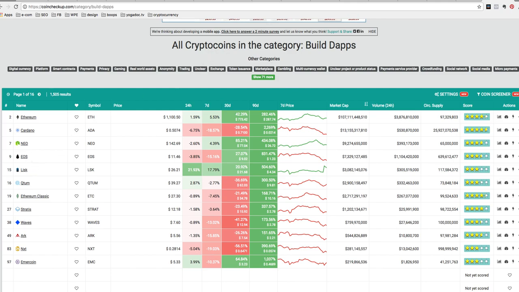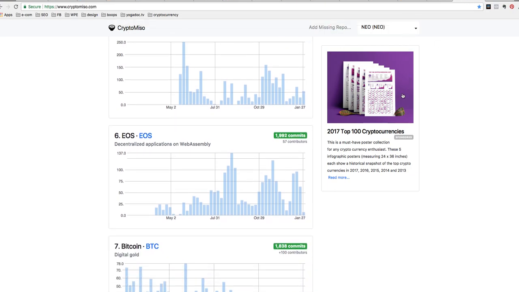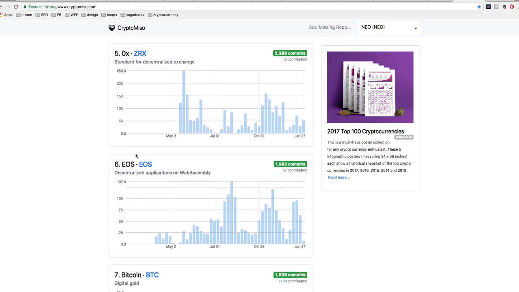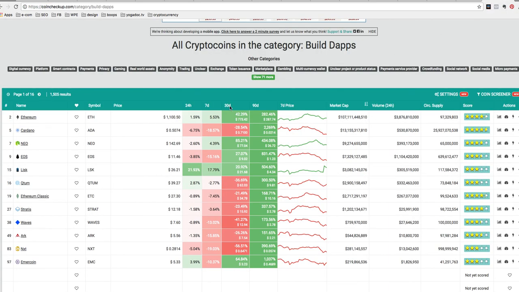If you'll recall, EOS was one of the top ranked coins as far as developer activity, with the code base being updated. So I'm going to add EOS to my radar and start following it, because I like the fact that it's getting a lot of developer attention. It's listed here on Coin Checkup as a decentralized application developer, and they give a rating, which here is 69.4%.